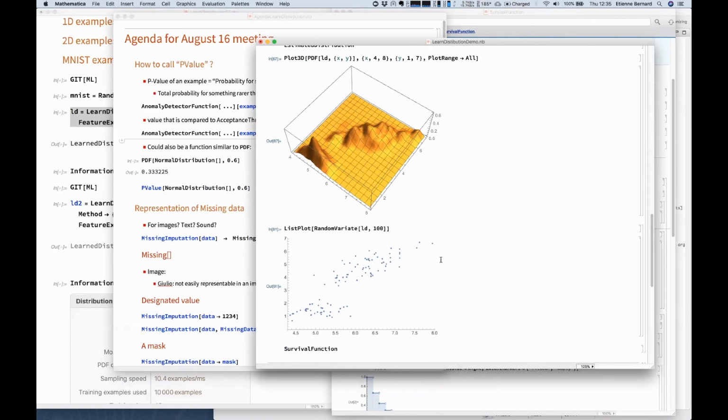Is there a notion of a median? No. If you define the PDF, then you can derive the properties from it, so in that sense you can compute the mean for this distribution. It doesn't mean you're going to have the mean of the pictures. That's on a different space.